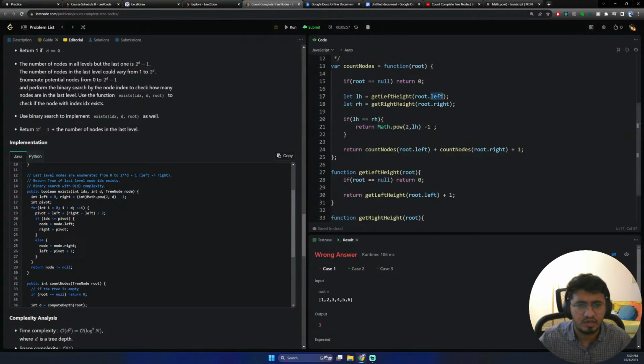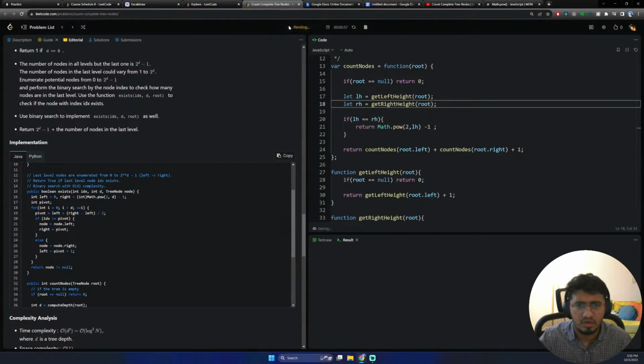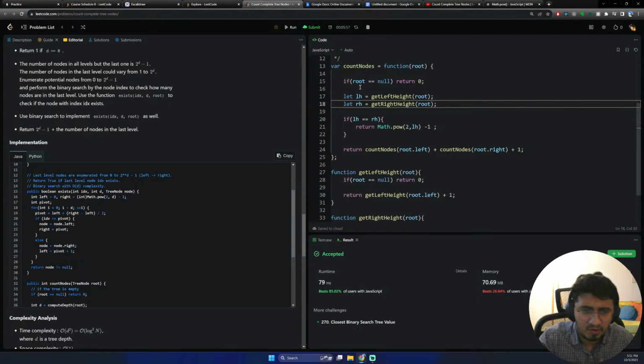Oh, we have to send the root itself, not root dot left. Okay. So this is interesting.